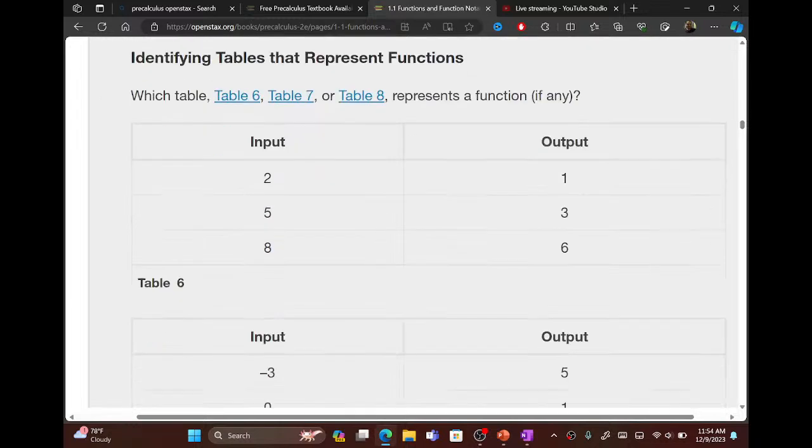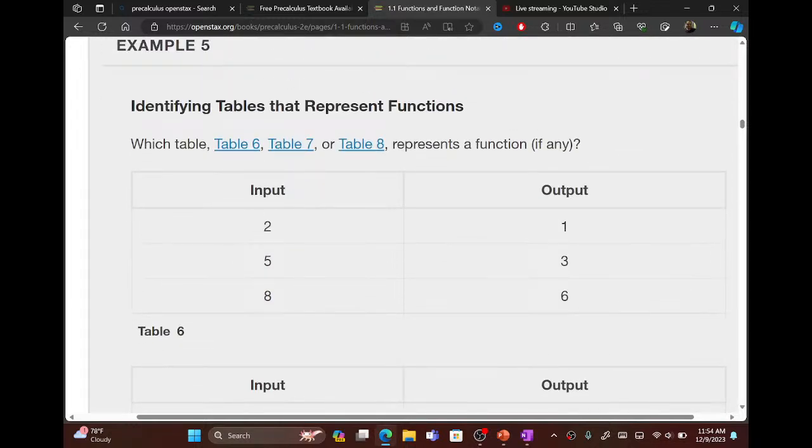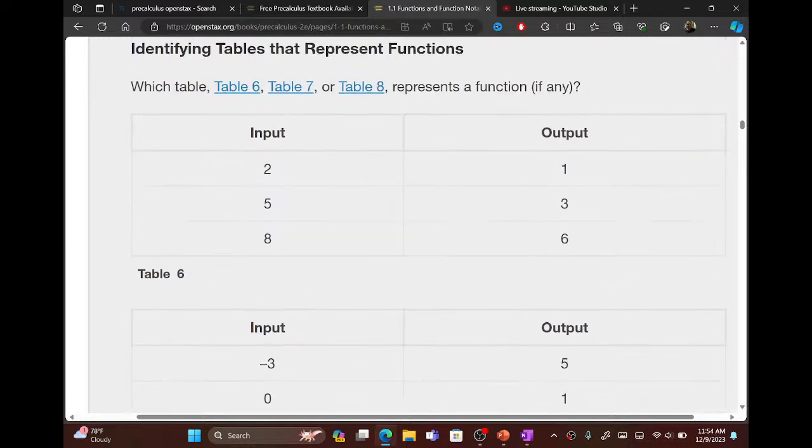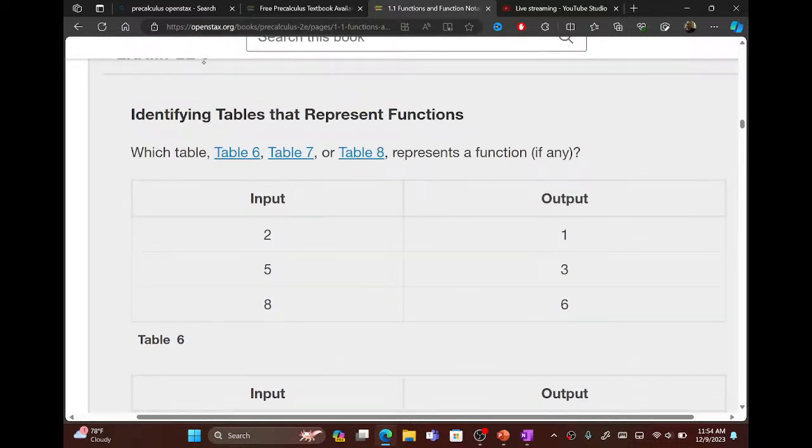Of course, we went over tables. We just know that if there are repeating x values, it is not a function. This first table, the 2, 5, 8, represents a function because there are no repeated x values. You always want to look at your x values to make sure whether or not it is a function.